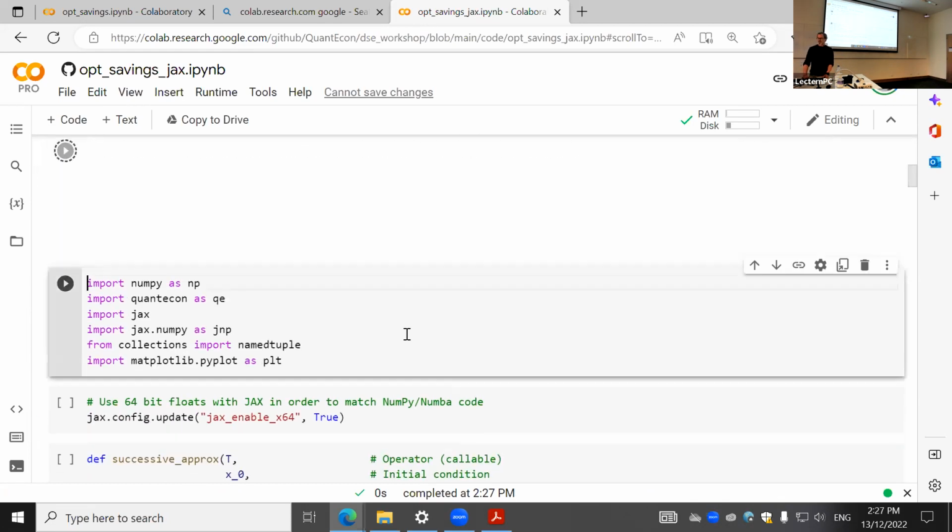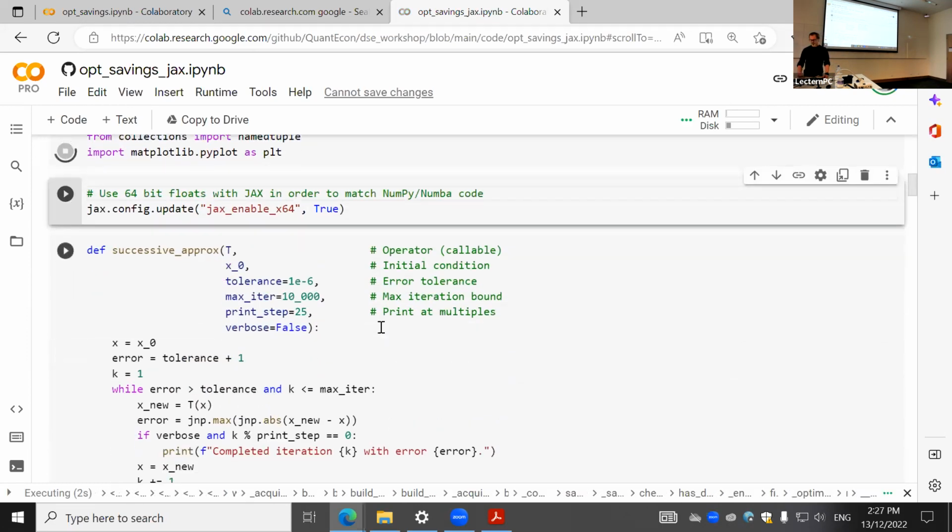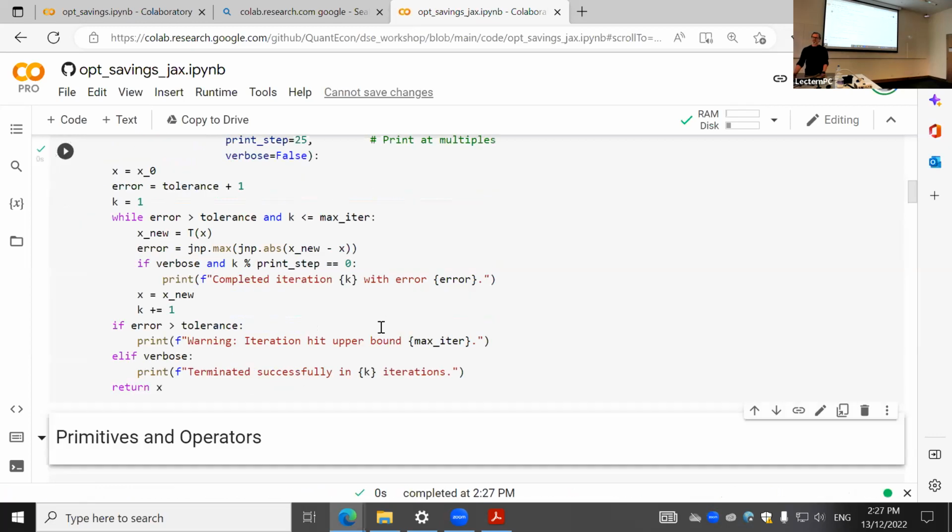Okay, so let's set this running. We need to change the code a little bit. I'm not going to go through the details, but I'm happy to chat with people about it afterwards. But the basic idea with JAX is that you need to vectorize your code.